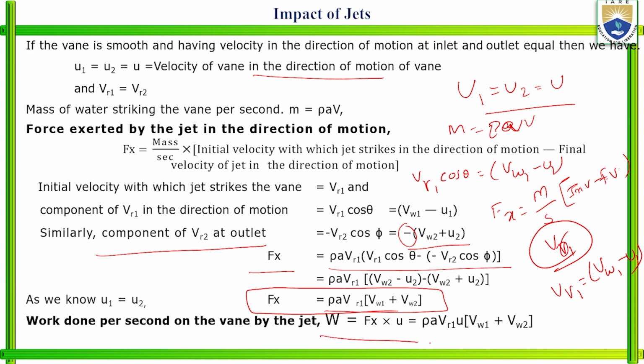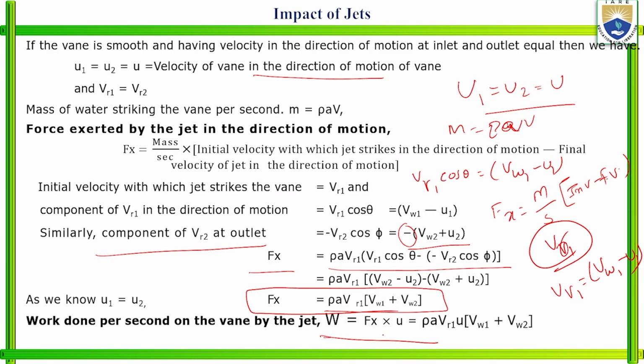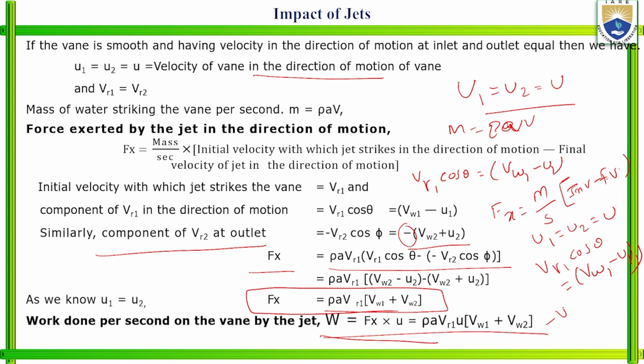So this is the work done, and this is the formula which we will get finally. How do we get it? Based on this, U1 is equal to U2 is equal to U, and VR1 cos theta is equal to VW1 minus U1. Similarly, minus VR2 cos phi is equal to minus VW2 plus U2.